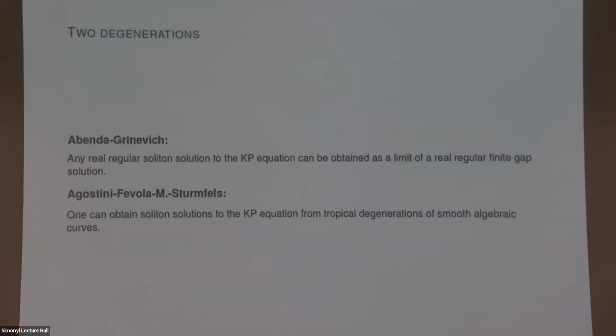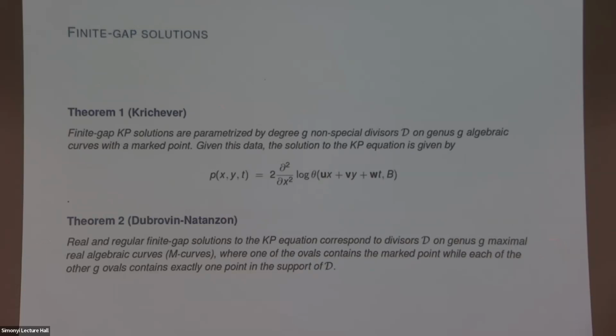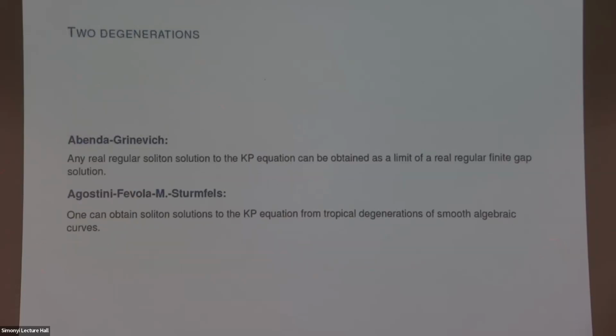Okay, and now I will talk about two degenerations very briefly. So these are more recent results. So these are earlier in the last century. And these are in the recent decades or decade. So Abenda and Grinevich studied real regular soliton solutions and showed that any real regular soliton solution can be obtained as a limit of real regular finite gap solutions.